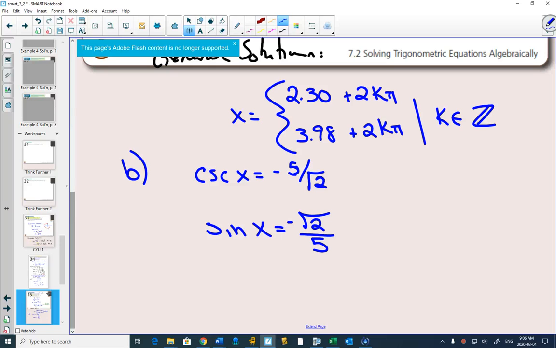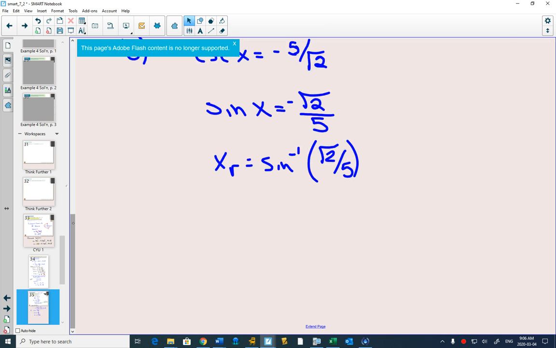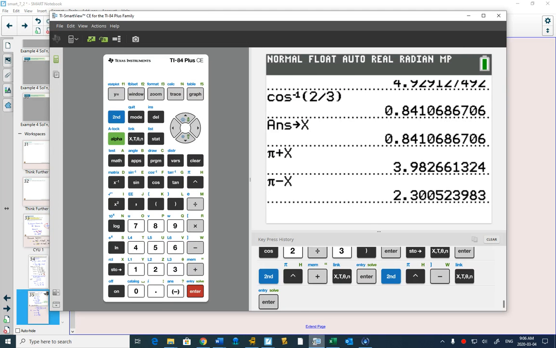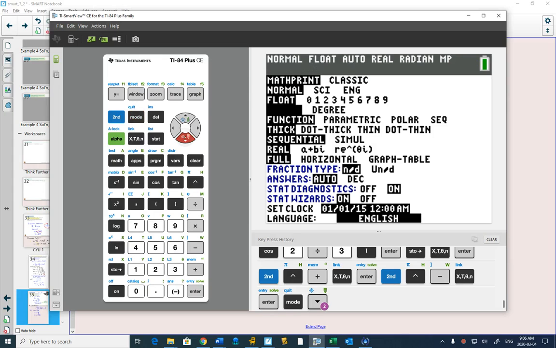So again, we find our reference angle. This is a calculator question, by doing sine inverse of positive root 2 over 5. Notice in this question they're in degrees, so we have to go to our calculator and switch to degrees.